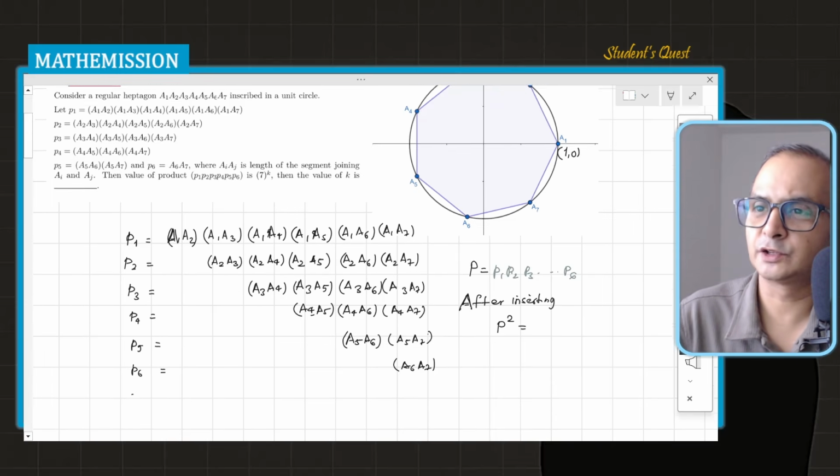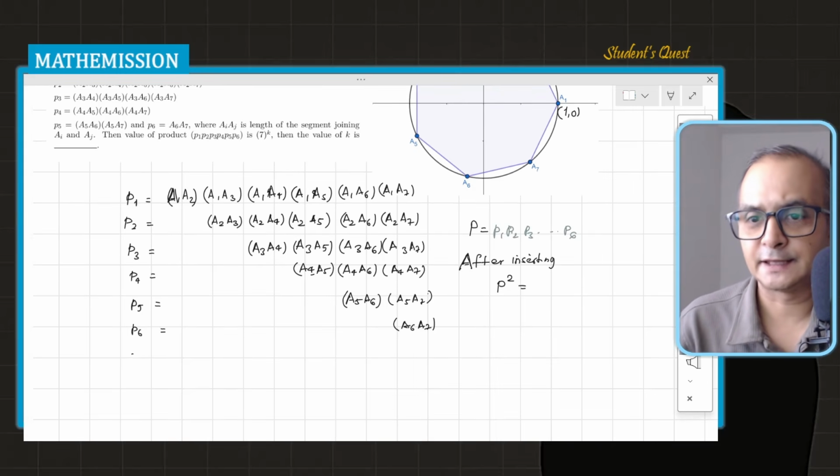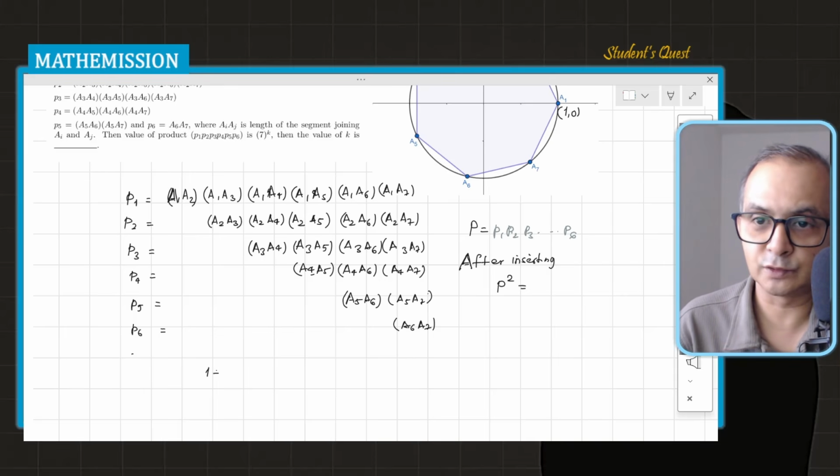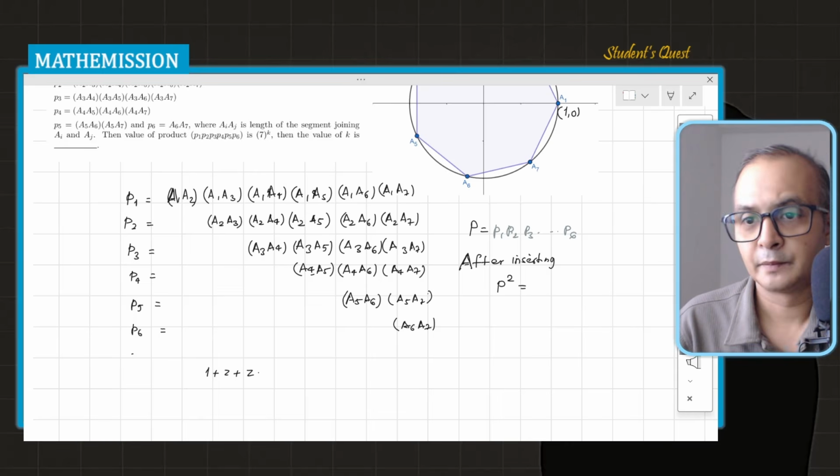The sum of the seventh roots of unity is 0. So I can simply call it 1 plus z squared plus z to the power 3, 4, 5 and 6, because starting from 1 that should be 0.